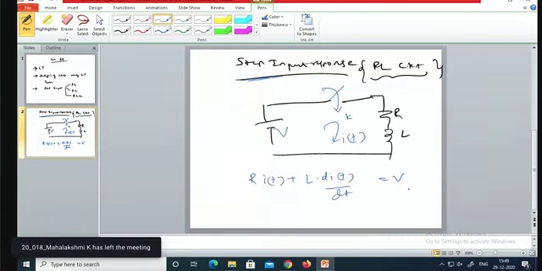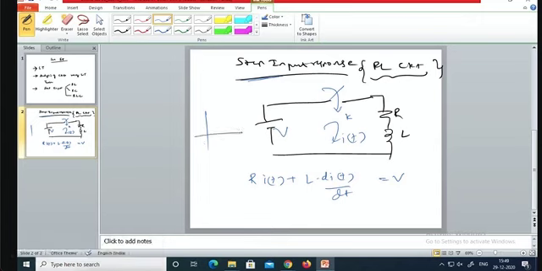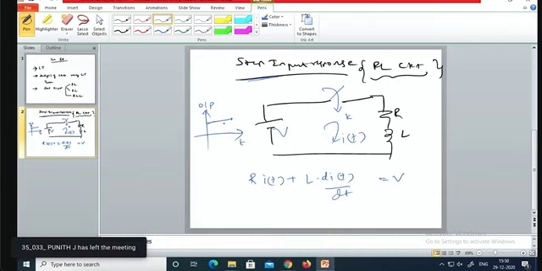So V is a step function. The step function is like this, and it will be non-zero for all t greater than or equal to 0. That is the step input.